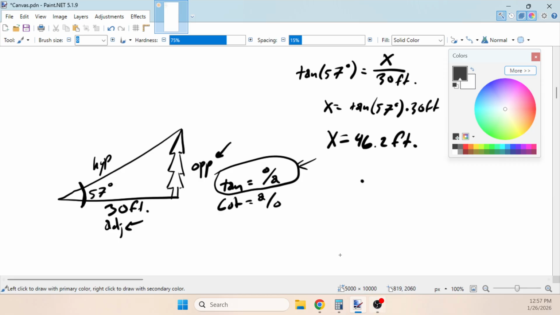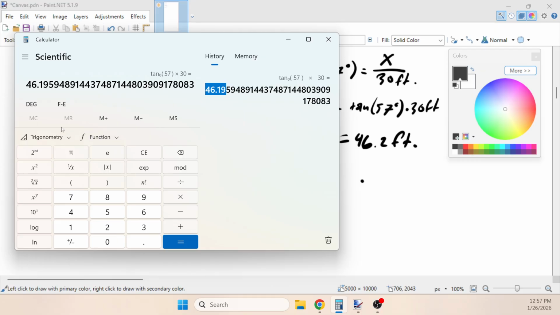Now I do want to show you, this can be confusing. This button here says DEG for degrees. If I click on it, it says RAD for radians. I want to be careful because some calculators show the mode that it's in, and if you click on it, it will change to a different setting.